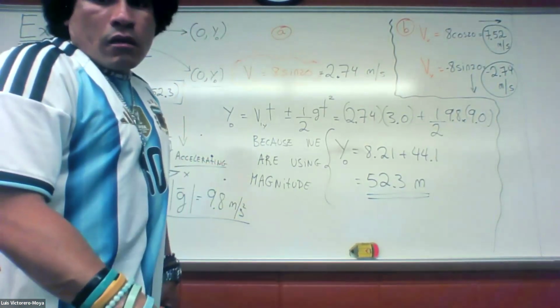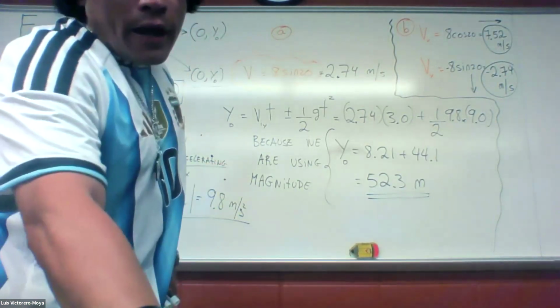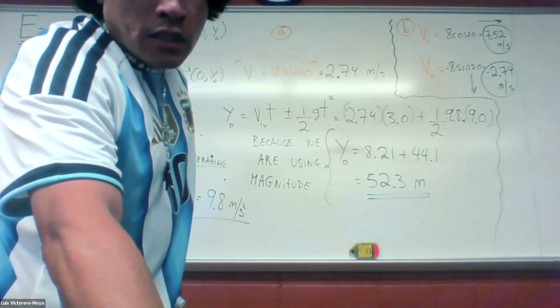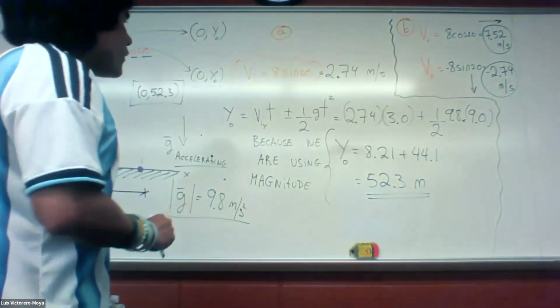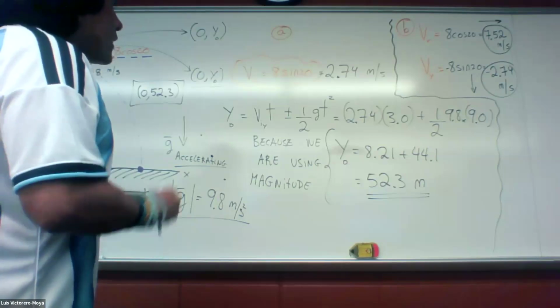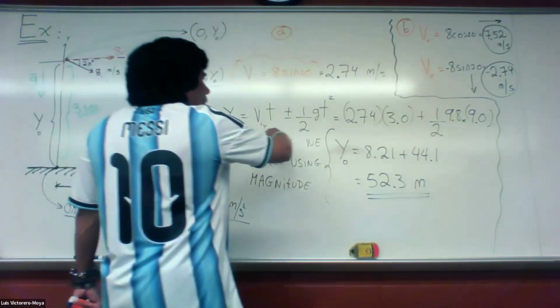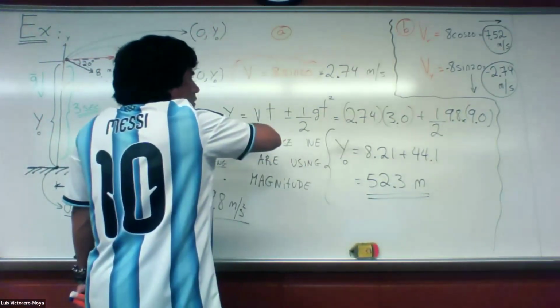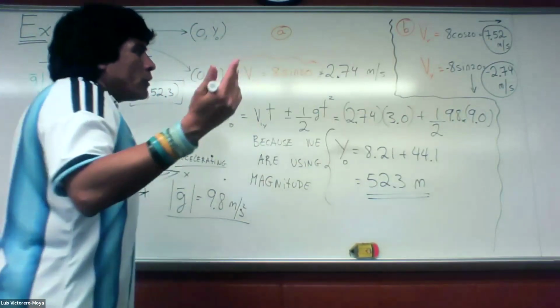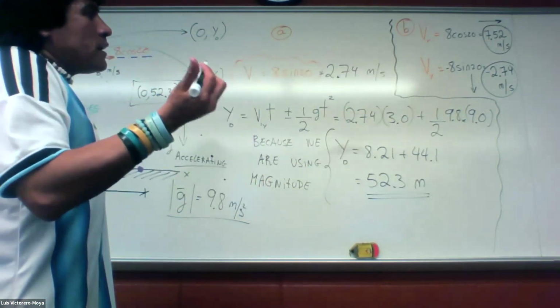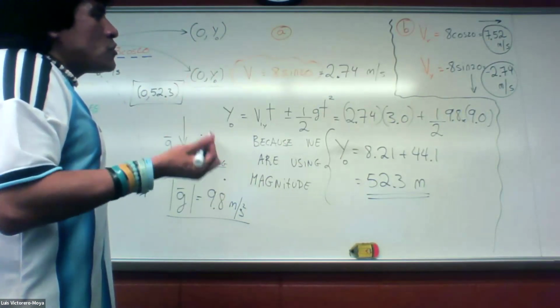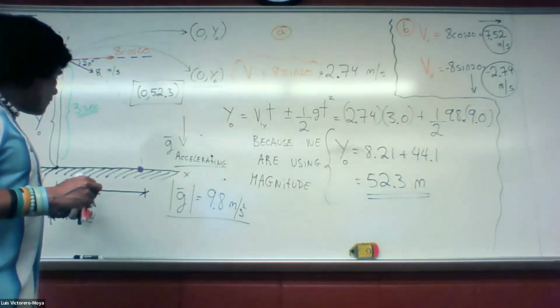So that is part A, part B. Part C, find the equations of x and y. Okay, so that one, they ask you to find the equations for x. For y, we have an equation already here. So we just have to solve for x. Basically, it's an equation to find the range.